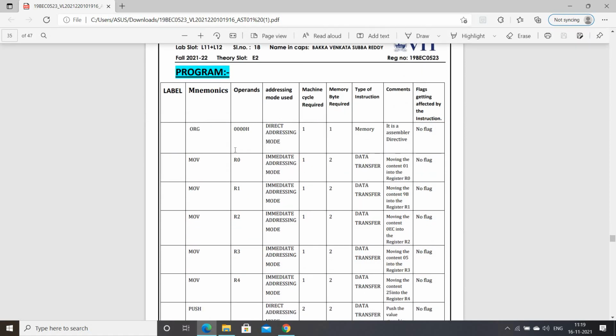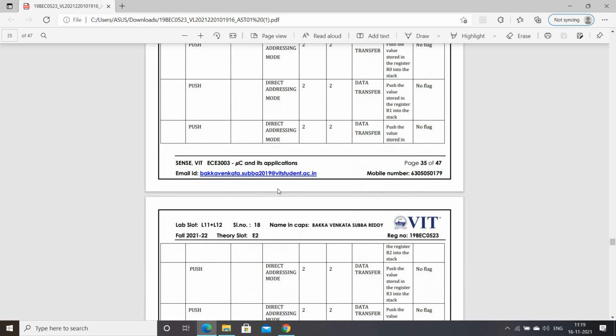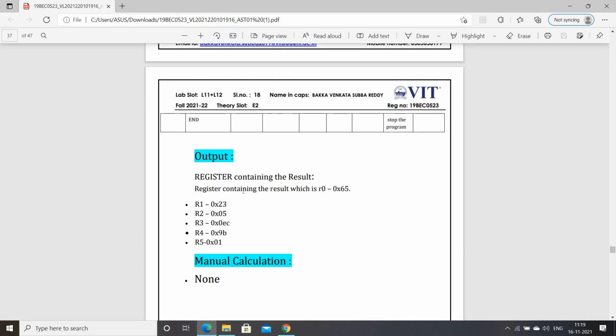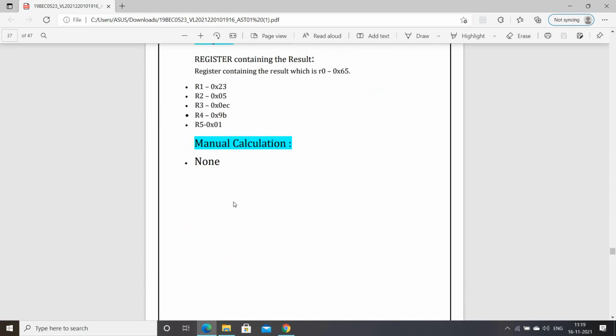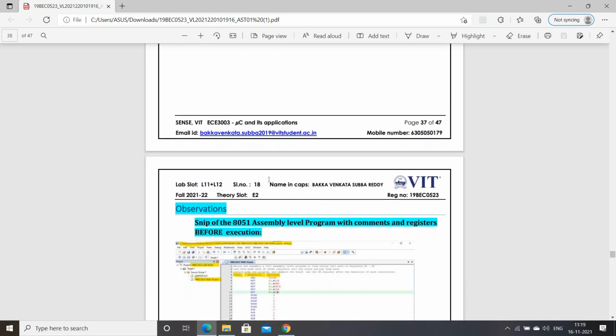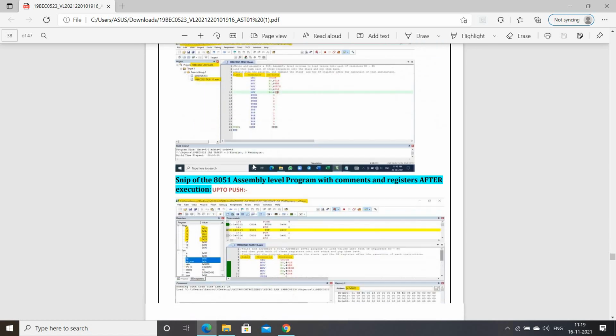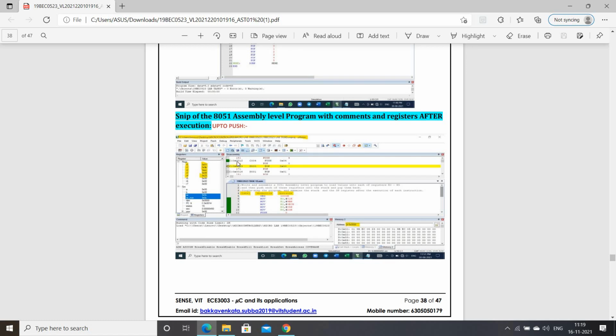So this is the program, and this is the output. There's no manual calculation for this as well. And observation, the snaps before the execution and after the execution, as you can see here.